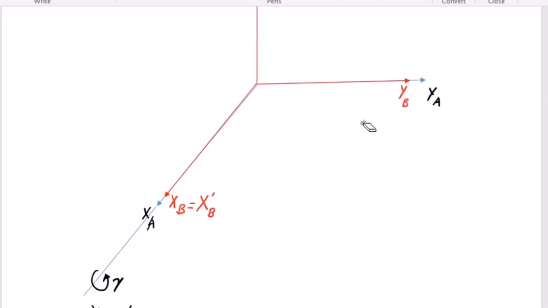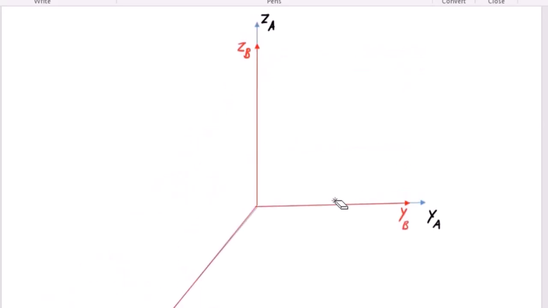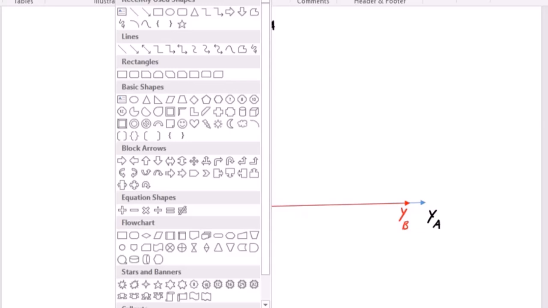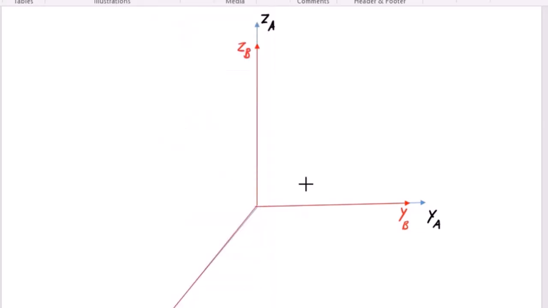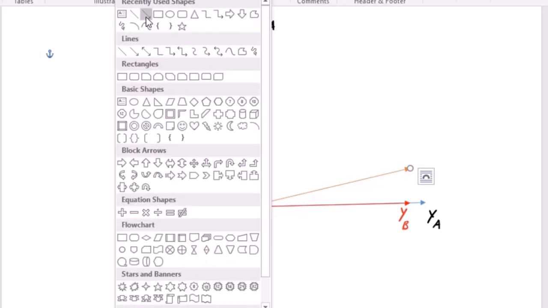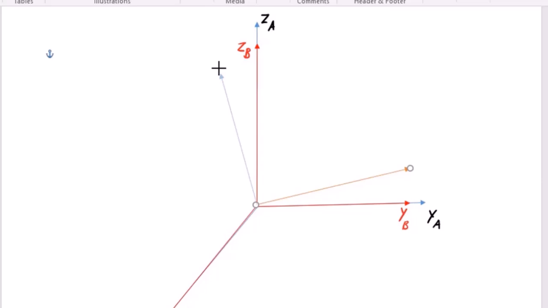And when we rotate about XA, your YB will be affected. So I will create another arrow here. This is now the result of rotation. Change color. I use orange here and here.